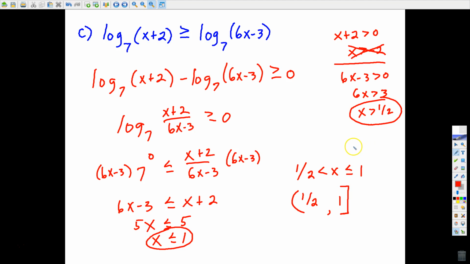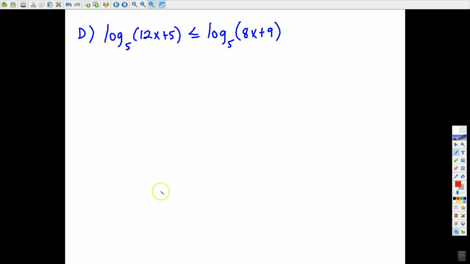This or equal to, in the old days, would be the case where we have a solid circle over the number. That's what it used to look like when we graphed, but now to indicate that 1 in this case is part of the solution, we put a bracket instead of the parentheses. But for this assignment, I would take either. Just be aware of both. All right, so that's your answer for letter C.